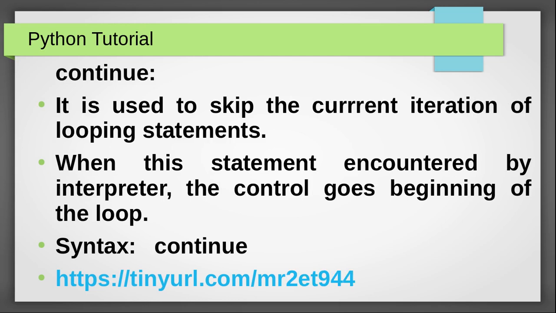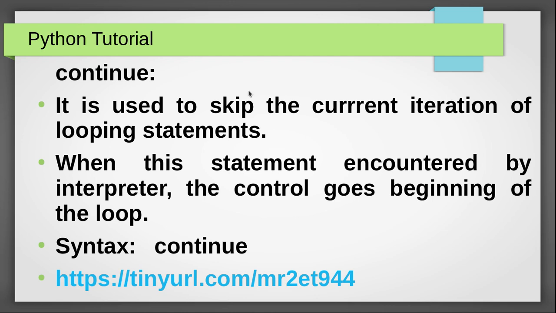And the next one, the continue statement. This statement is used to skip the current iteration. When the statement is encountered by the compiler or interpreter, the control goes to the beginning of the loop. The syntax is continue.